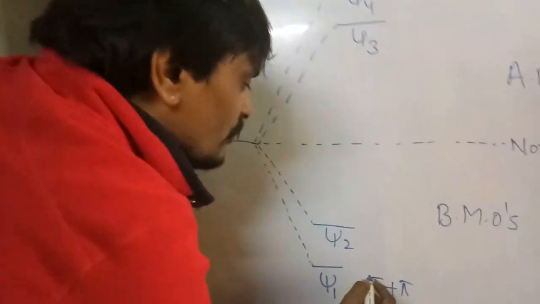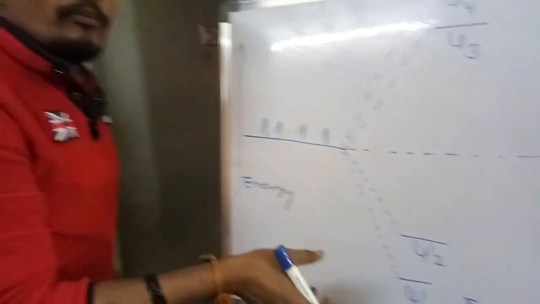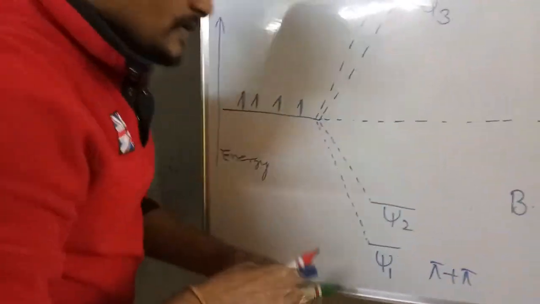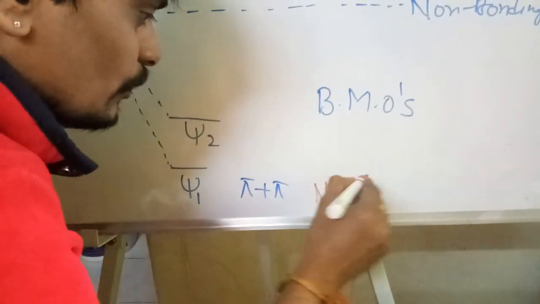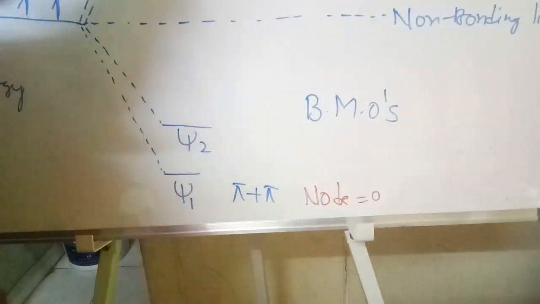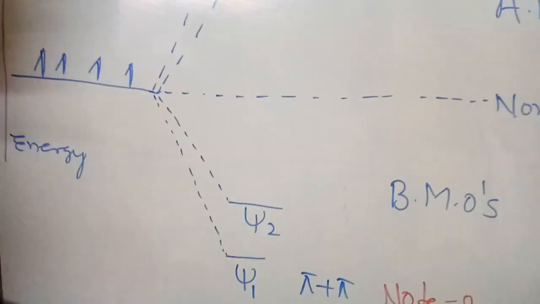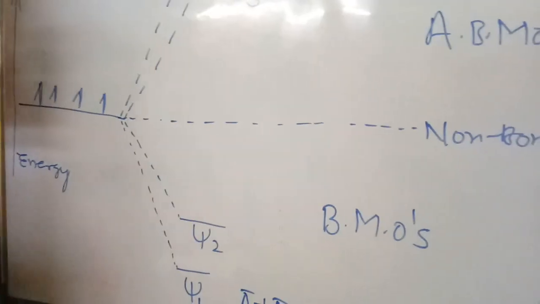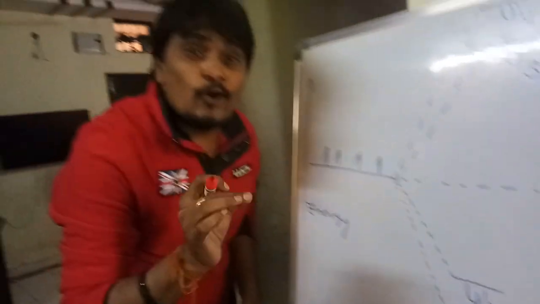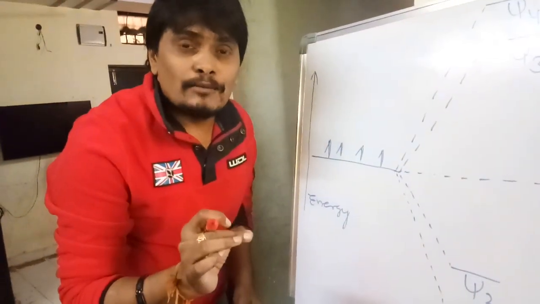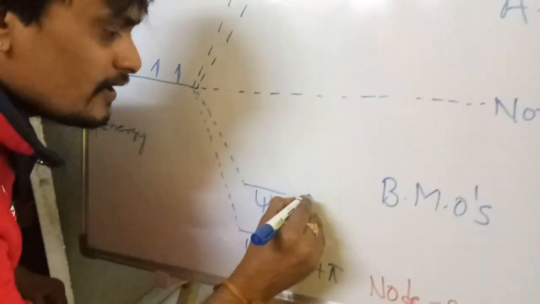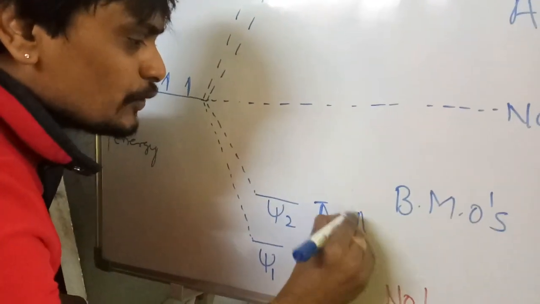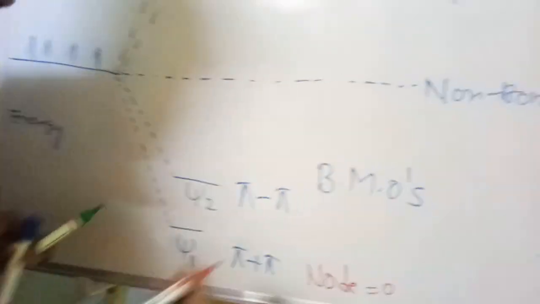So the number of nodes for the first molecular orbital is 0, and for the second molecular orbital is 1. What is that molecular orbital with the node 1? We have discussed pi with negative pi, right? So for the pi with negative pi, the number of nodes is 1.